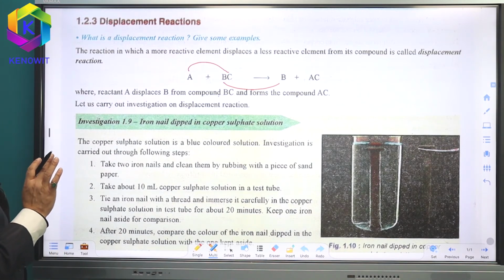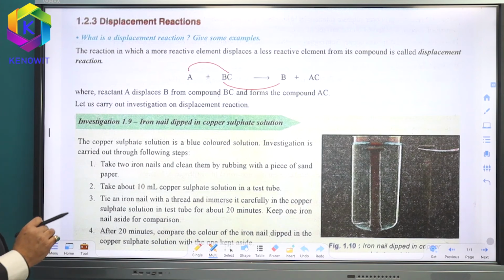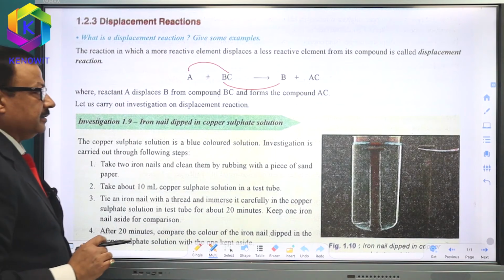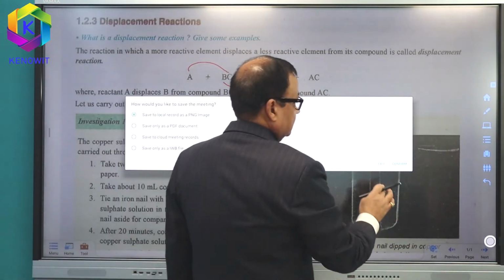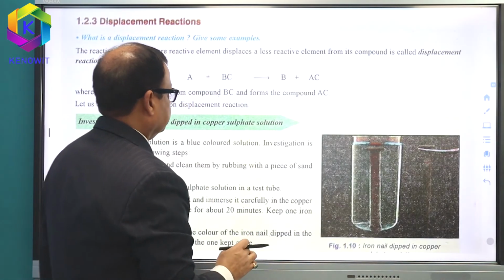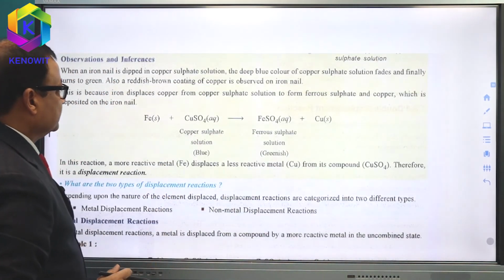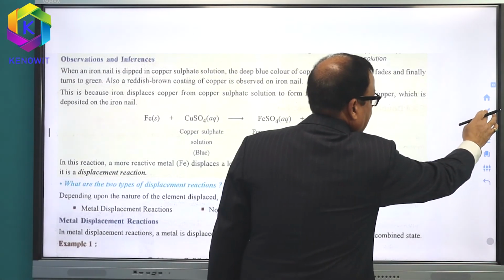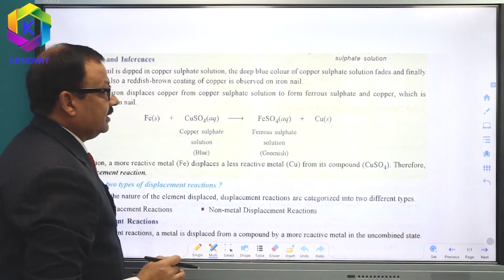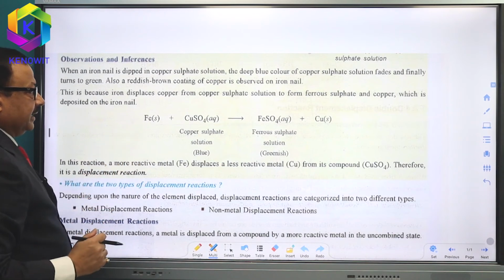So on the basis of investigation, take one example: iron nails dipped in copper sulfate. Iron, basically Fe, plus copper sulfate. We know iron has 2 valency; in this case it is only ferrous.